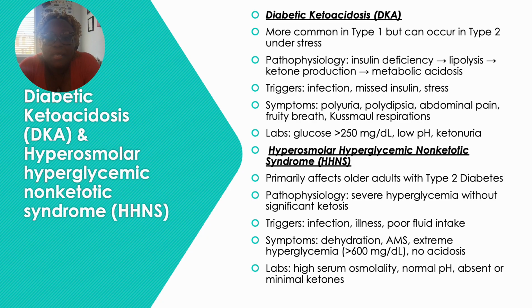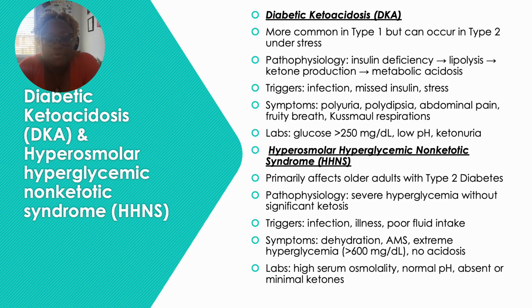Pathophysiology here: insulin deficiency with lipolysis, ketone production, and metabolic acidosis. Some of the triggers are infection, missed insulin, and stress. Some of the symptoms: your polys, polyuria, polydipsia, polyphagia, abdominal pain, fruity breath, and Kussmaul respirations.